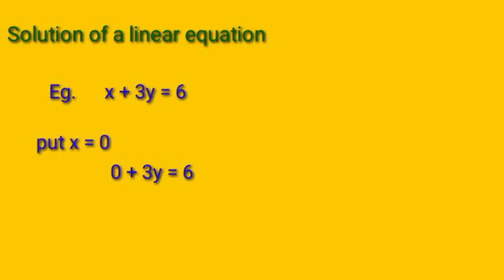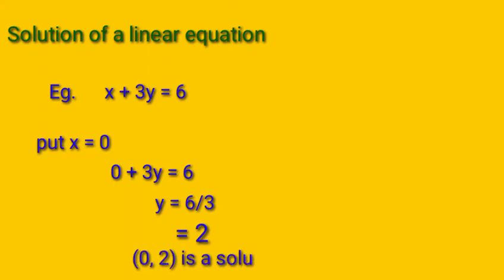So what will be y? y is equal to 6 by 3, that is equal to 2. That is, when x is equal to 0, the value of y is equal to 2. So we can write this solution as (0, 2) in brackets. Always you have to write the x value first. So (0, 2) is a solution of that linear equation.